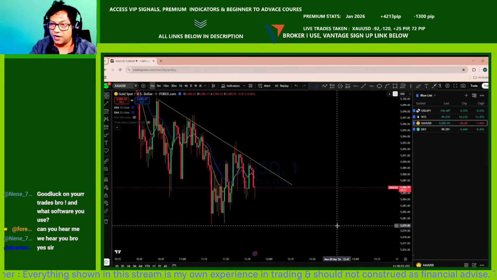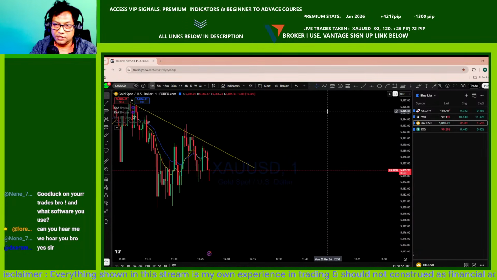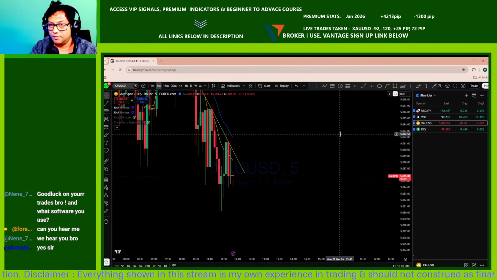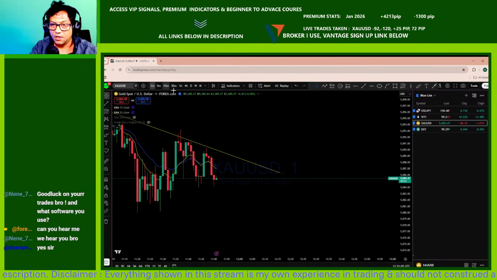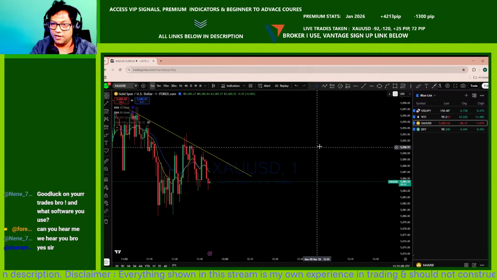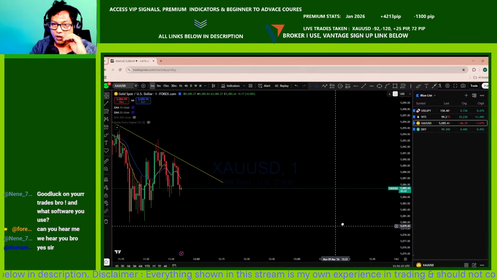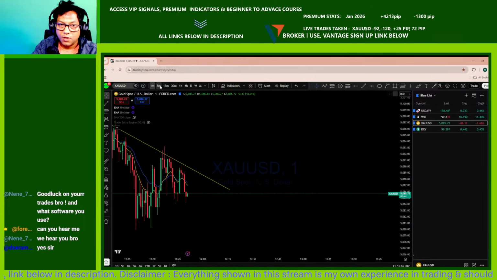Now if the market breaks this support here, we are looking for further downside in this market. If you look at the lower time frame, you can see the market structure showing a possibility for further downside if the market breaks that low.